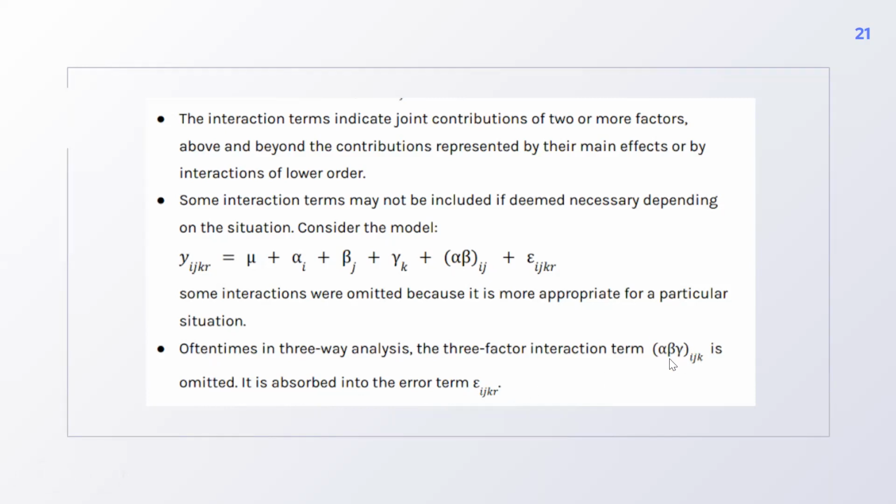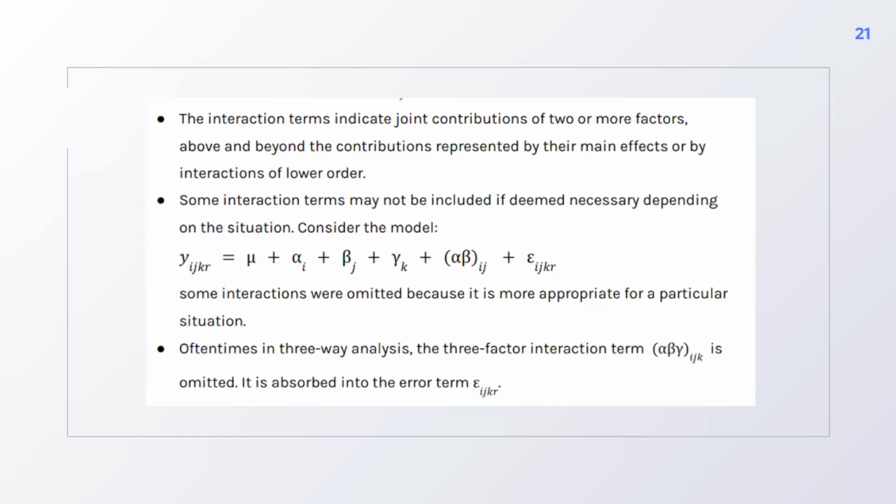So, ang sinasabi lang po nito, laging nawawala to usually sa mga models natin kasi yung interaction ng anong tatlo, yun na yung error term. Parang yung interaction ng tatlo, pwede na natin i-consider as error term.